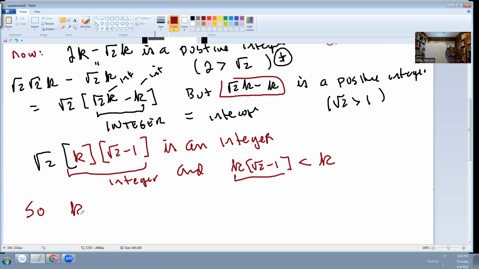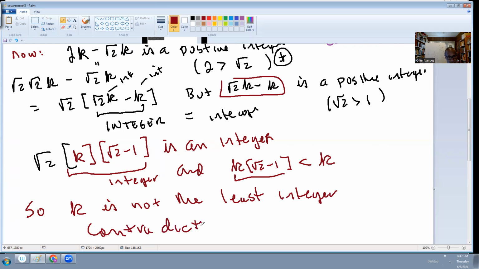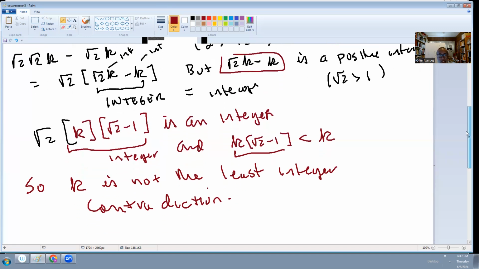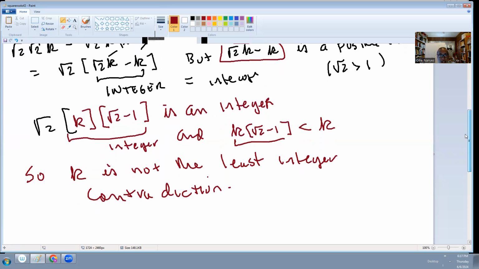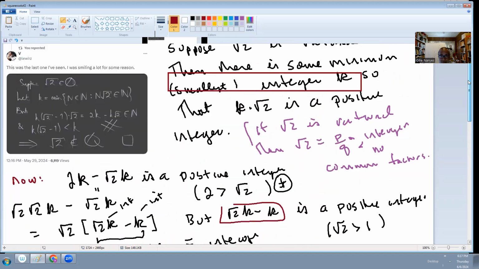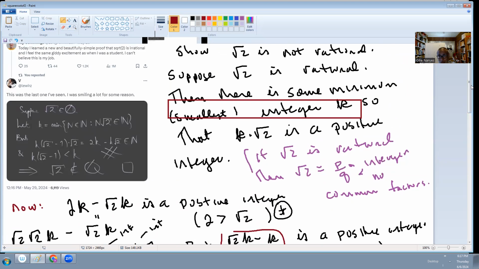So k is not the least integer, and that's a contradiction. So the conclusion is that no least integer can exist, and there has to be one.